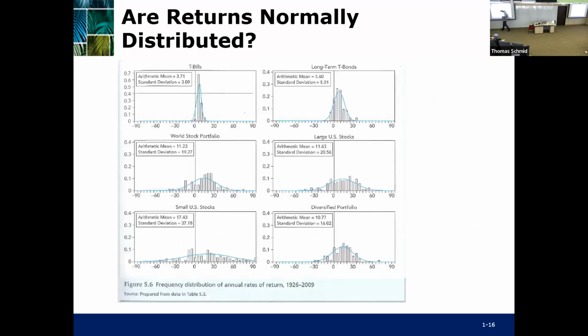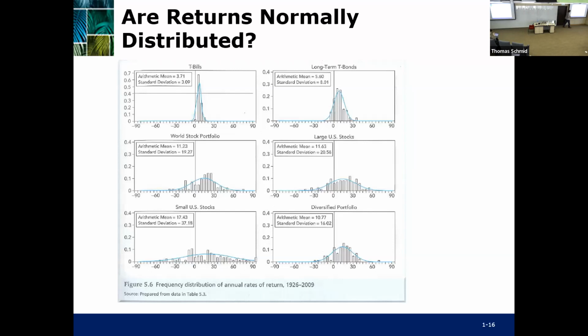So I think this is kind of nice what our textbook here does, so that's why I took a picture. What this is for different asset classes: treasury bills, T-bonds, gold, stocks, large US stocks. They looked at historical returns over the last 90 years or so, from 1926 to 2009. Okay? So they look at historical returns and plot them into these bins.